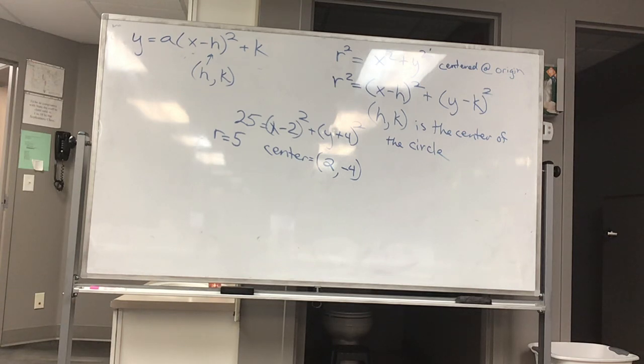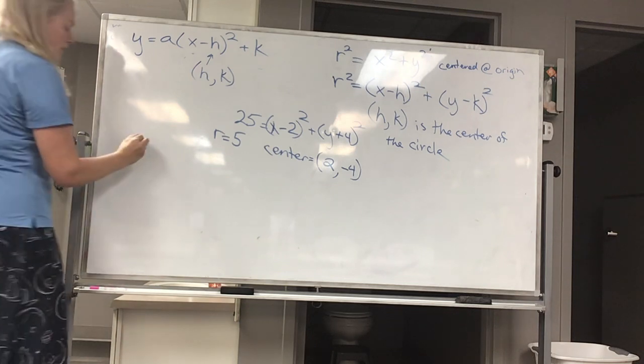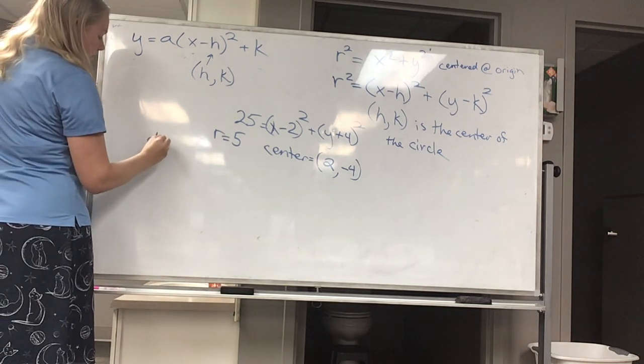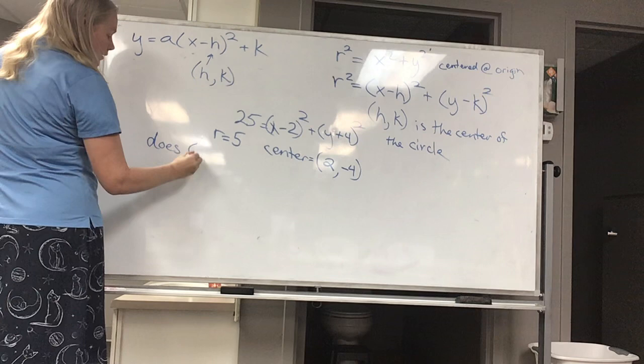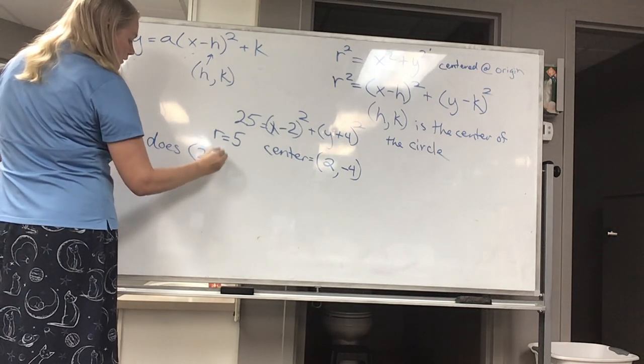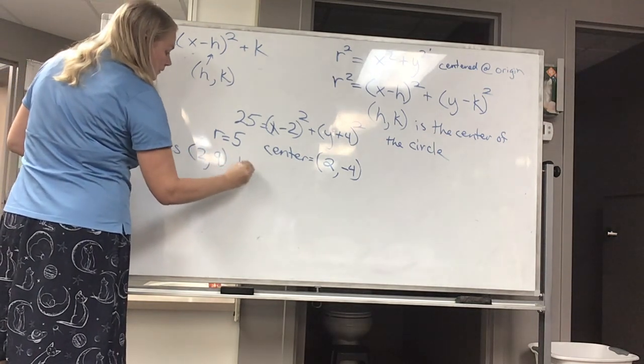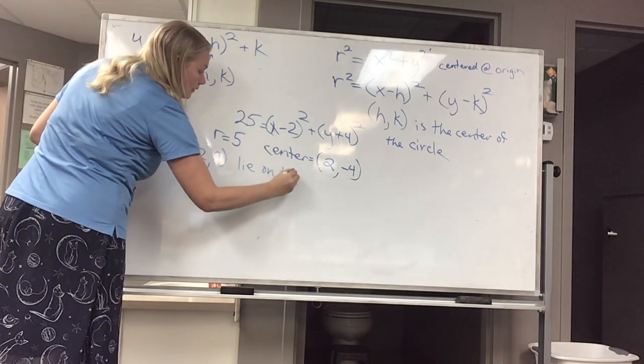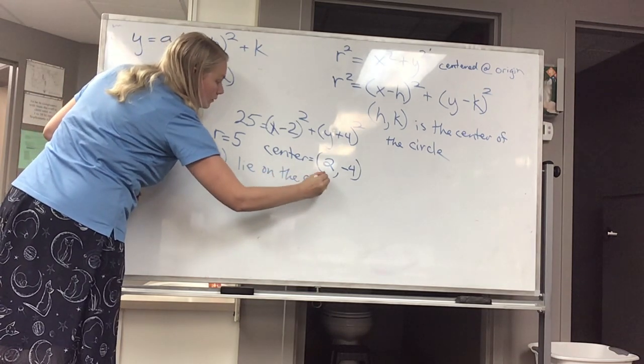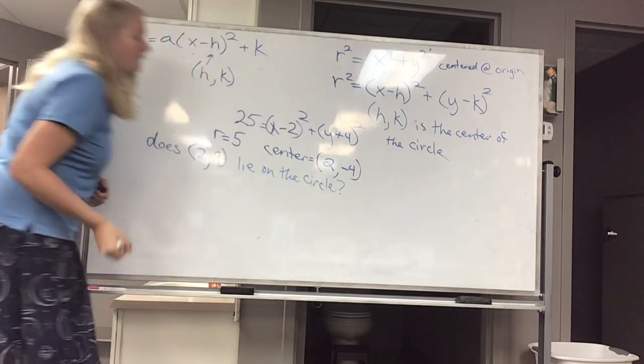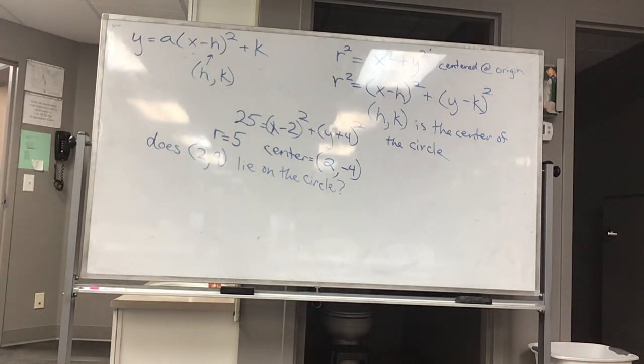So an ACT question might be, does the point (2, 9) lie on the circle?